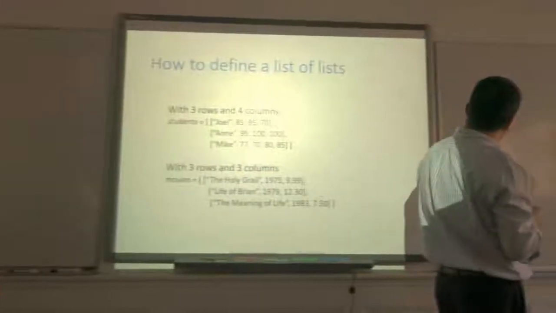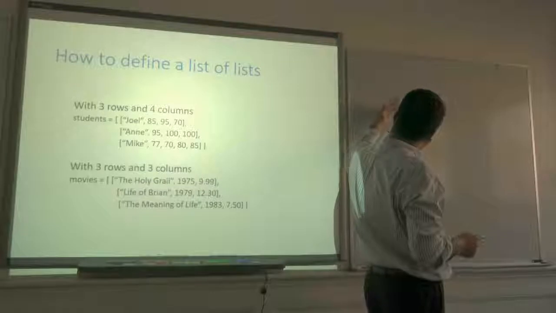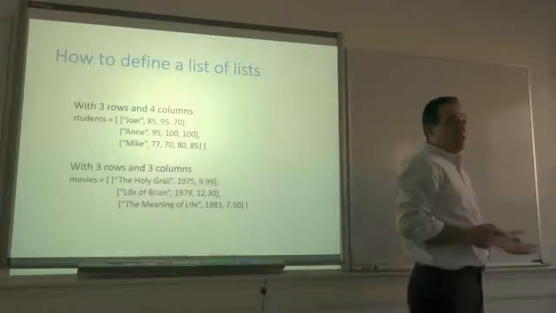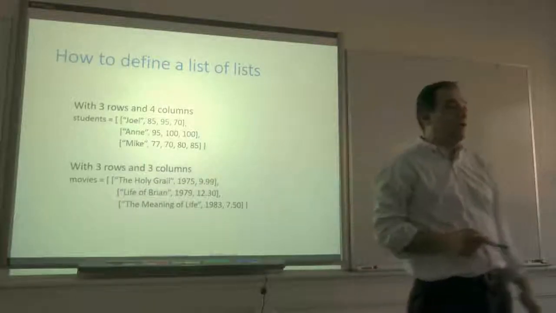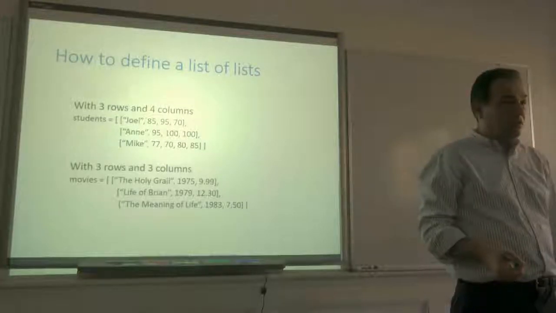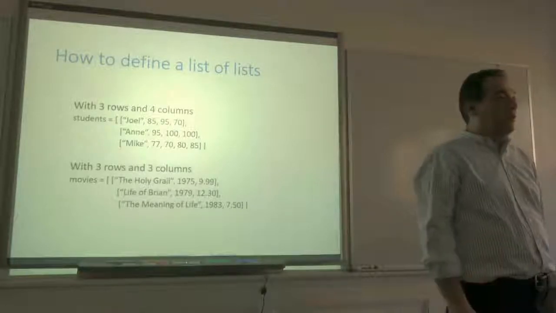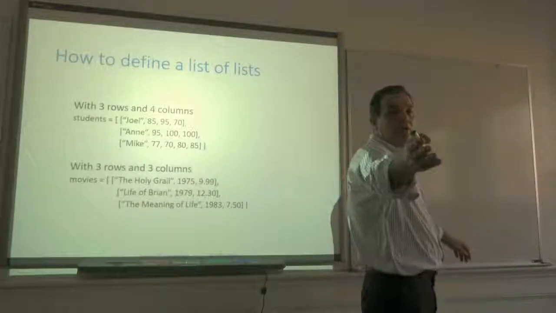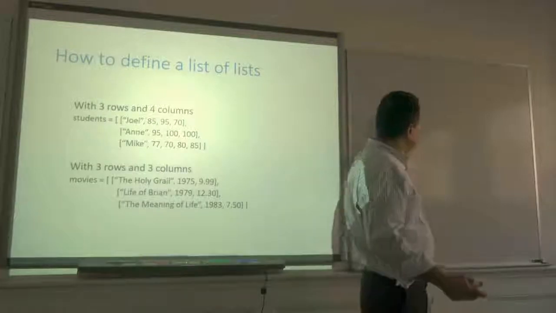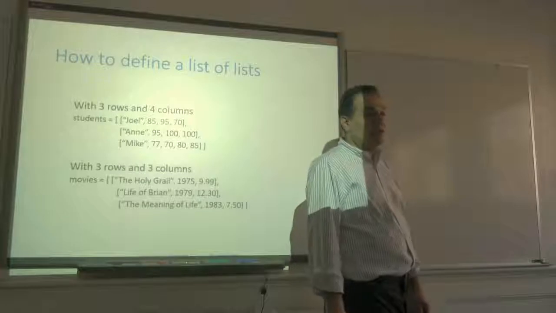Okay, 10 students, with how many columns? 1, 2, 3, 4, 5. So how many items do you have in this list? 50, right? In machine learning and deep learning, what do we call these? Features. We call them features.